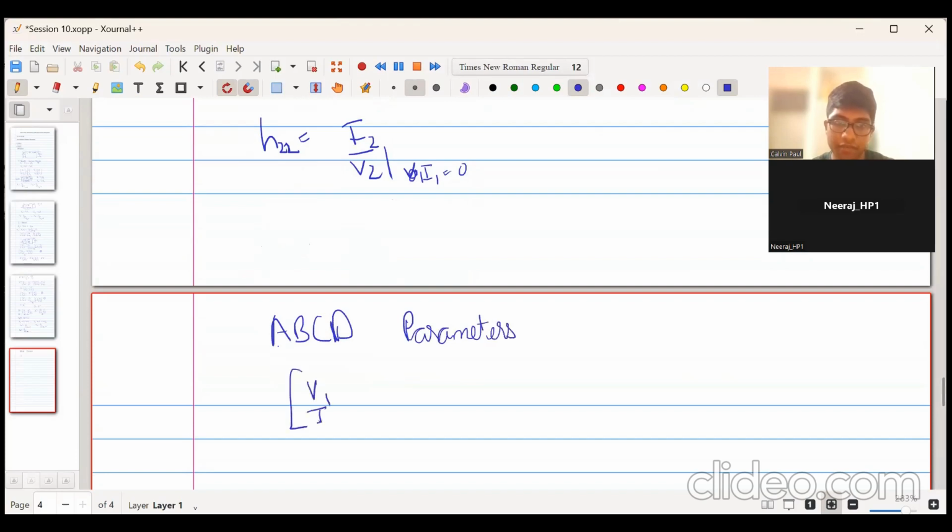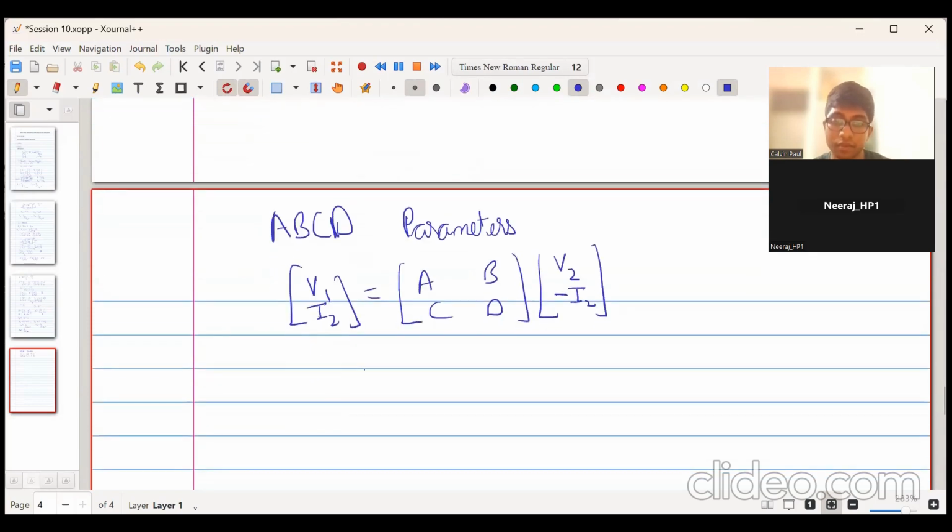We have V1 and I1 represented in terms of A, B, C, D, V2 and minus of I2. This is how we represent them.